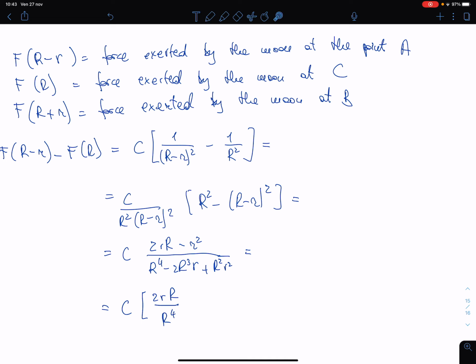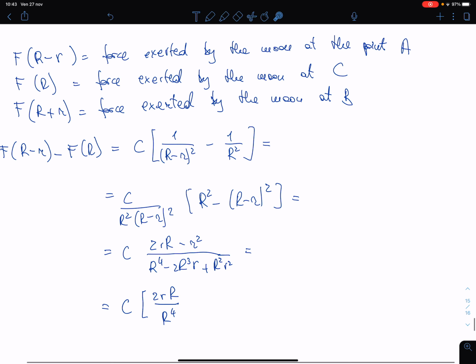What I'm doing here, I'm taking the first term, the numerator, and then at the denominator, instead of putting all this, I put here R to the 4, and I neglect the other part. I neglect this part because there is a small r, and small r, the radius of the Earth, is much smaller than capital R. So I think it is negligible, but of course I want to present you the exact computation.